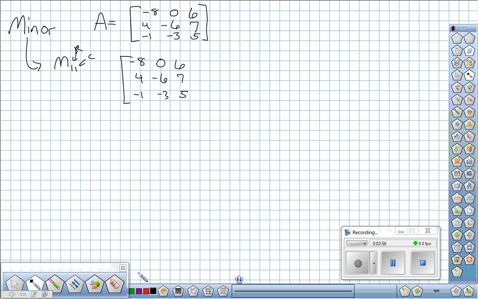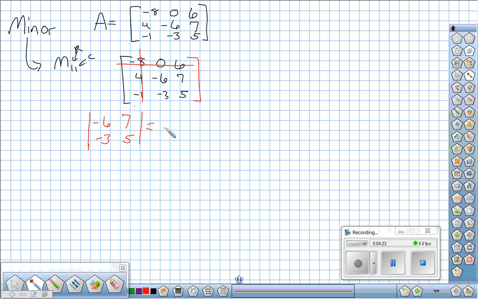So it tells me to cross out row 1, which is that guy, and column 1. So to find a minor in this, I will be given negative 6, 7, negative 3, 5. And I am finding the determinant of that. What you do when you find these will be a one-number answer.